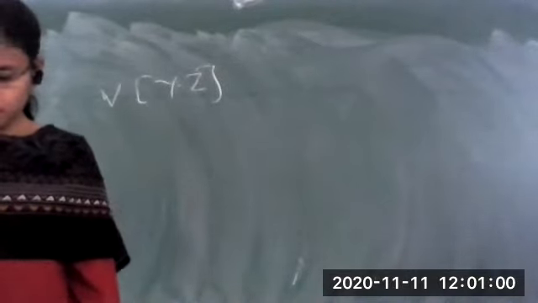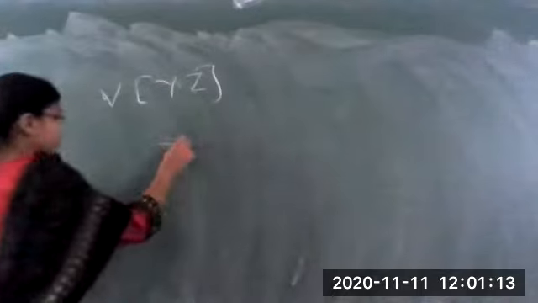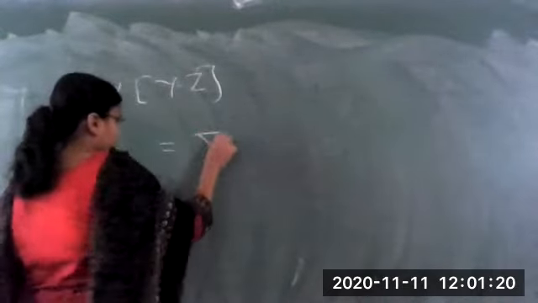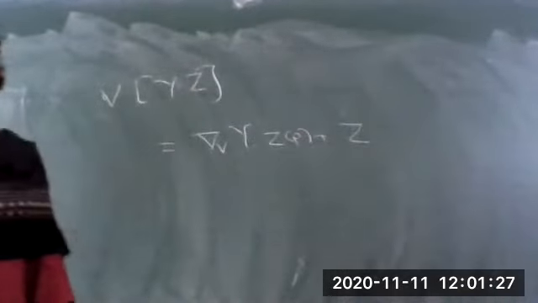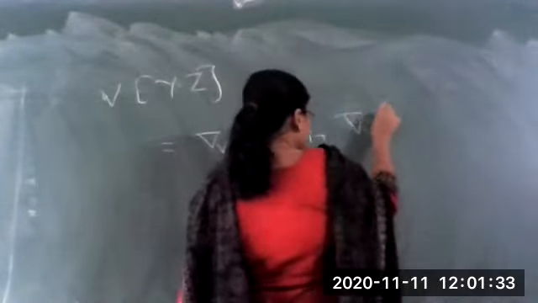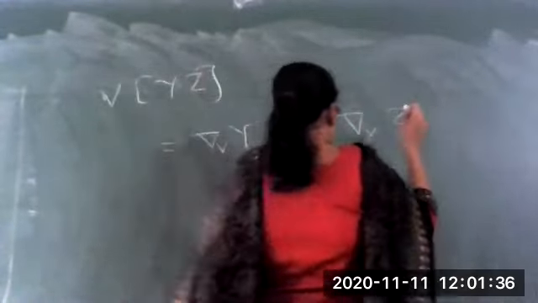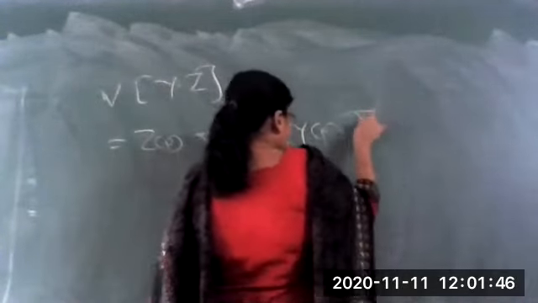We have to show it is equal to del V Y dot Z at a point P plus Y as it is del V Z. First Z as it is del V Y plus Y as it is del V Z.